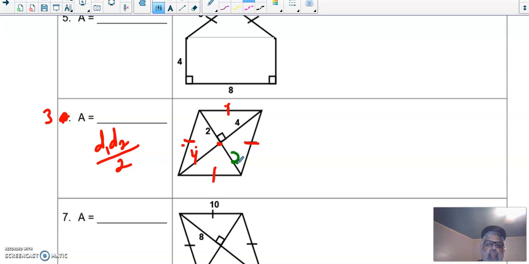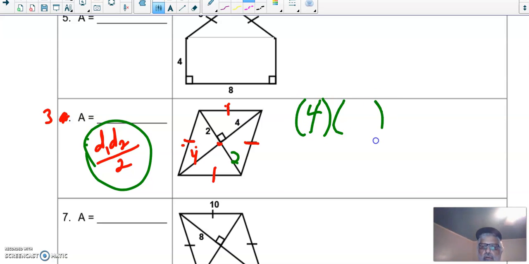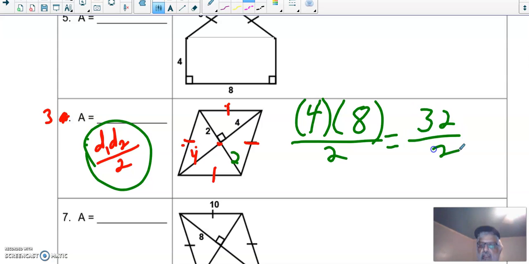So the formula for the area is diagonal 1 times diagonal 2 divided by 2. So my diagonal 1 is 2 and 2, which is 4, times the other diagonal, which is 4 and 4, which is 8, and then we divide it by 2. And if I work this out, 4 times 8 is 32 divided by 2, 16 units squared.